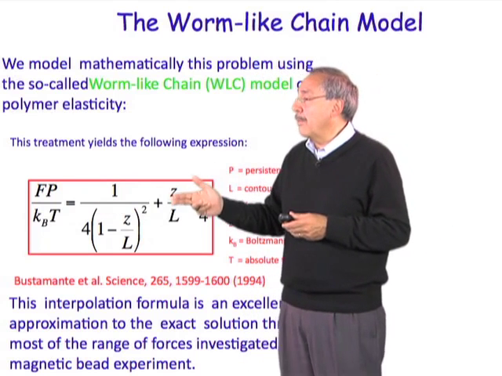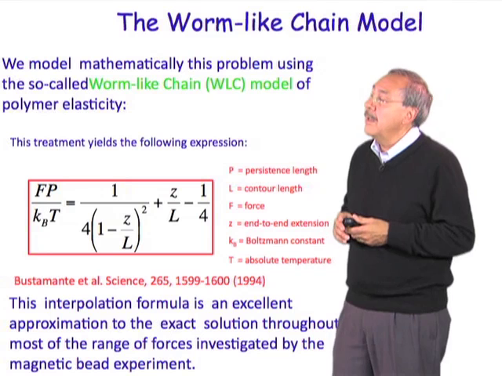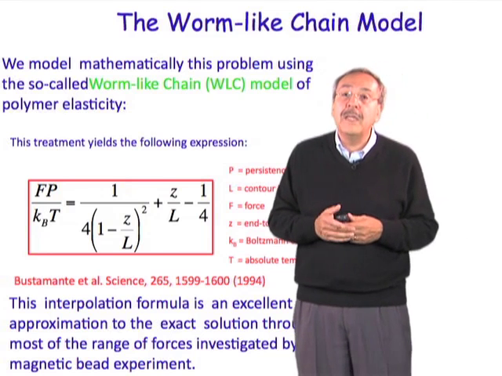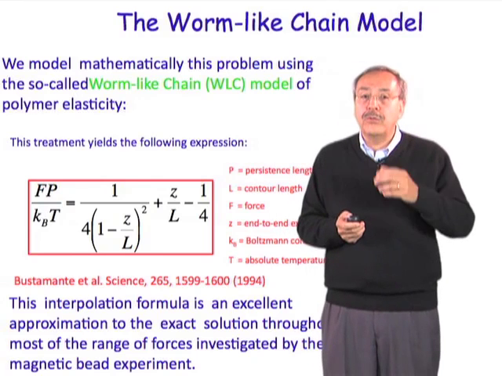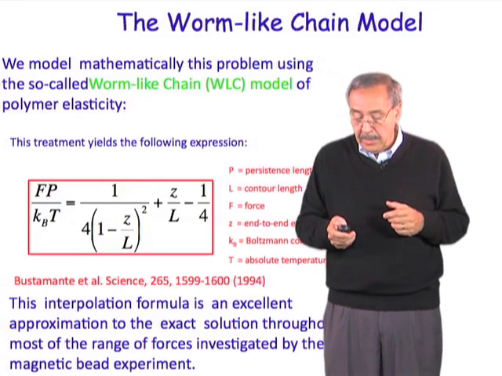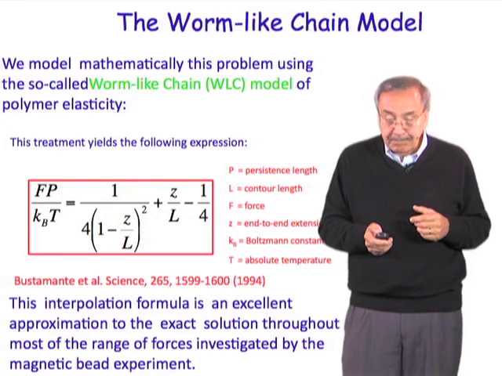This interpolation formula, which I show here in this panel, turns out to be a very good approximation to the exact solution for the force extension behavior of a molecule of DNA.